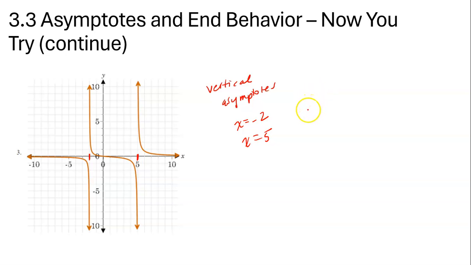And then we have a horizontal asymptote at y equals 0. So even though the function crosses here at y equals 0, it doesn't cross here and it doesn't cross here. We're acknowledging that as an asymptote.